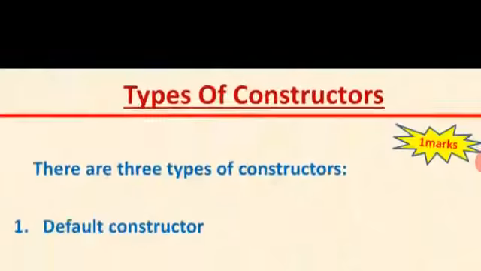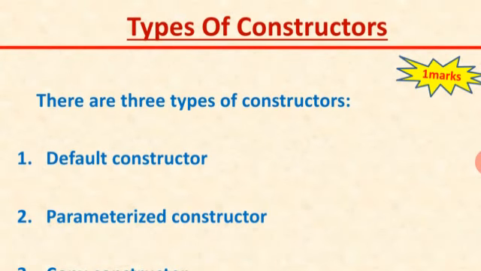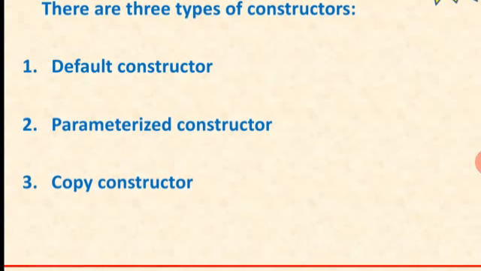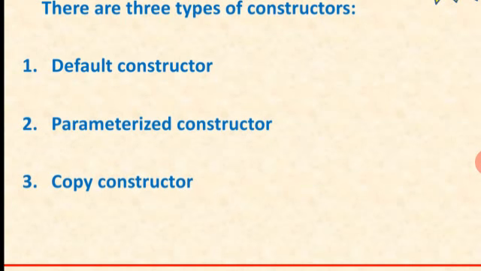The next part is the different types of constructors. There are three types of constructors, namely the first one is default constructor, second one is parameterized constructor, and third one is copy constructor.